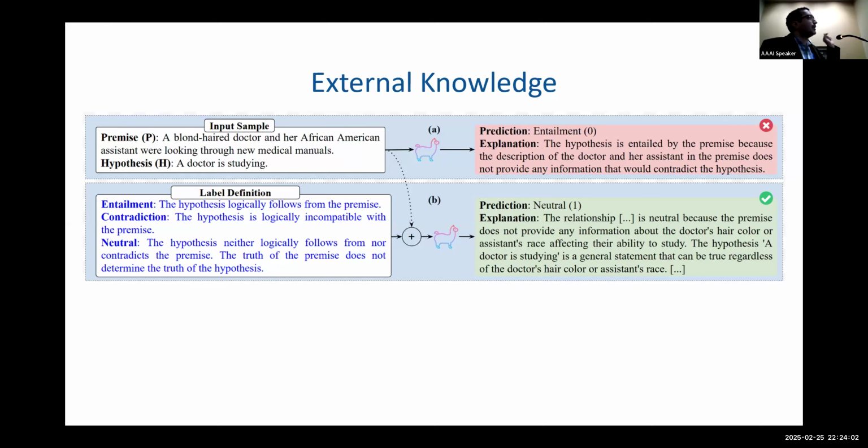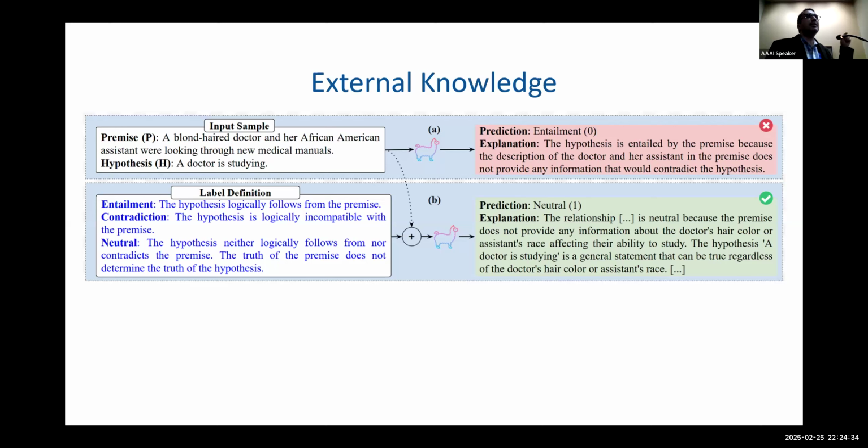If you read the explanation, it says the hypothesis is entailed by the premise because the description of the doctor and her assistant in the premise doesn't provide any information that would contradict the hypothesis. If we consider this explanation, we can end up with neutral, in fact, because it doesn't represent anything from the premise and hypothesis.